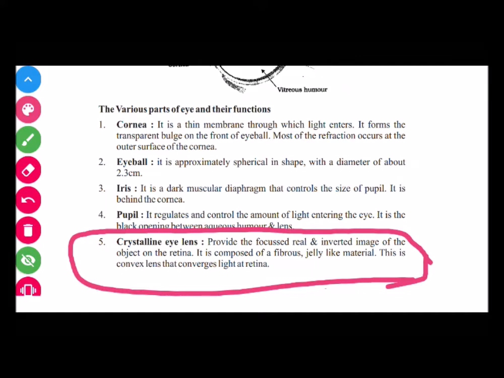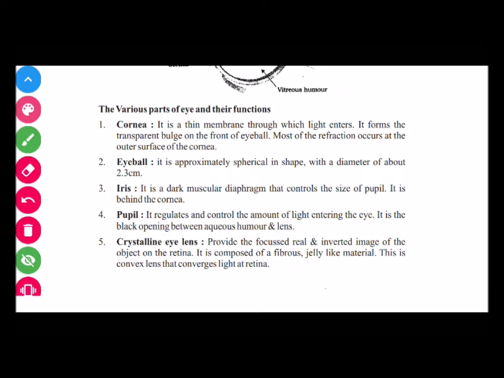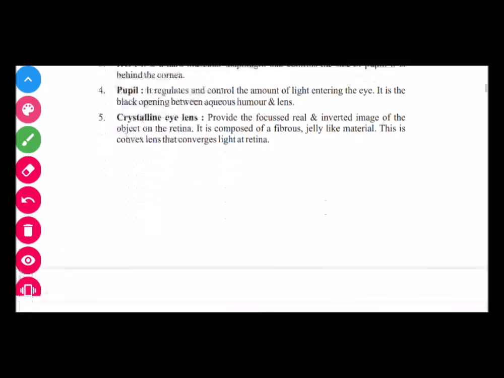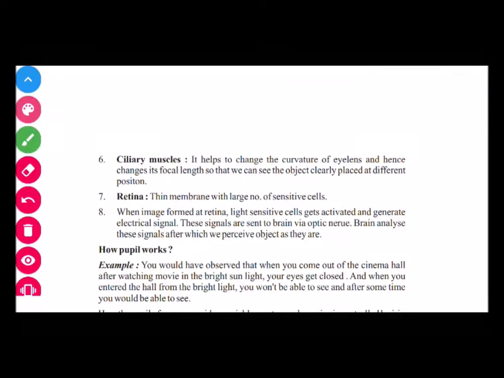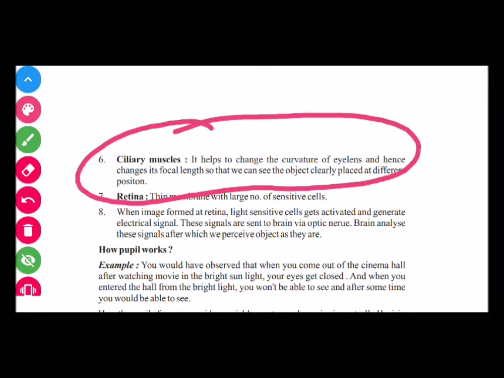It is composed of a fibrous jelly-like material, and it is convex. Ready? Okay, read. Ciliary muscles. It helps to change the curvature of the eye lens.